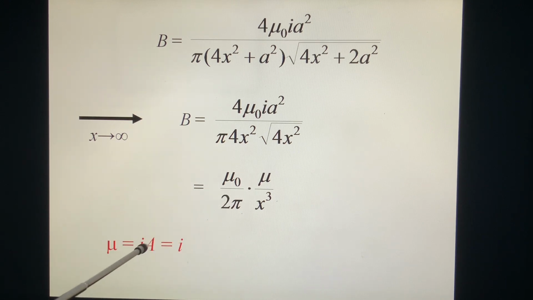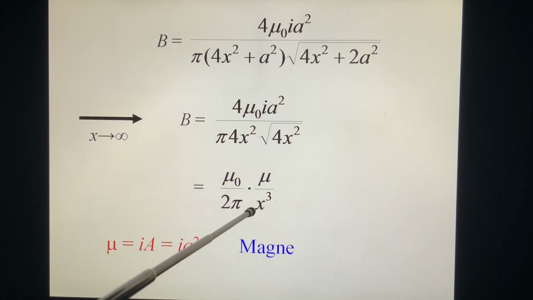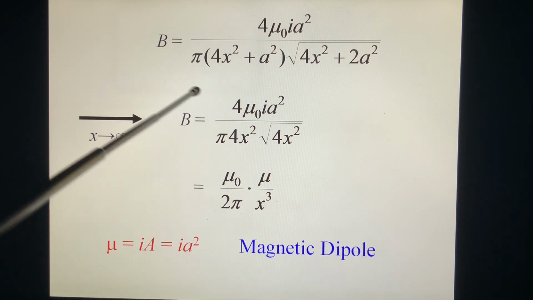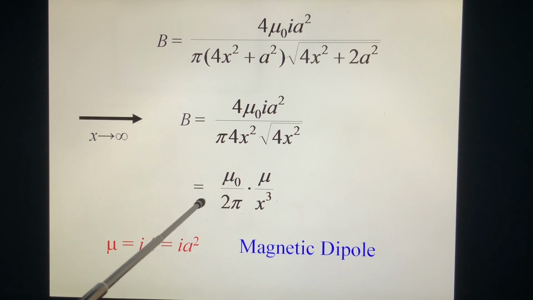Mu equal to IA, is IA squared. Because this is a dipole, magnetic dipole of this loop. Okay, it's IA. Okay, and so we are familiar with this one. We just get this one. This is a magnetic field produced by a magnetic dipole at a far, far away distance.